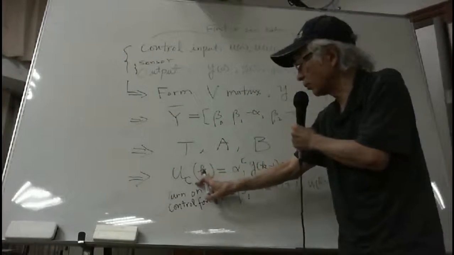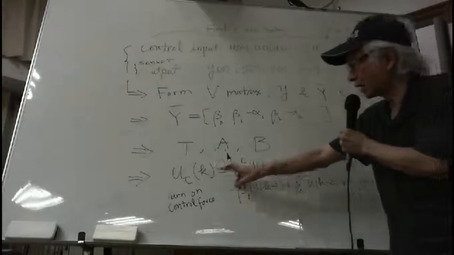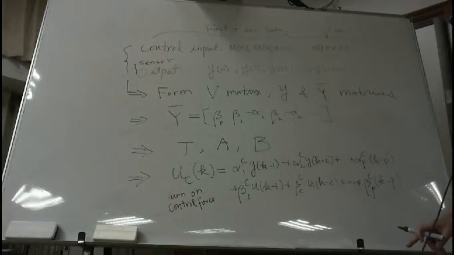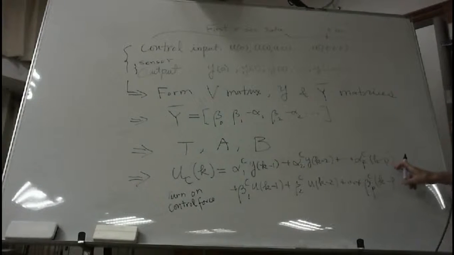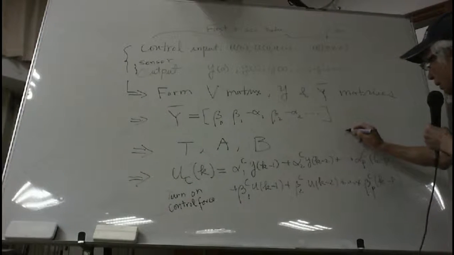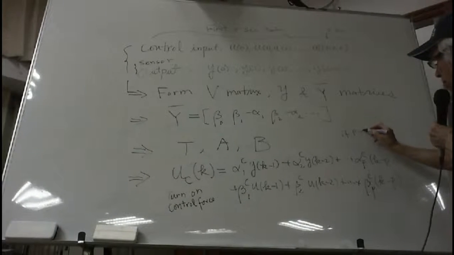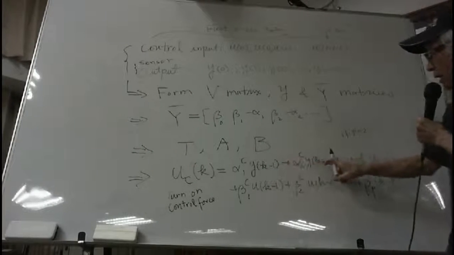So when I turn on this control force at K, then I need K minus 1, K minus 2, up to K minus P. If P equal to 2, then you need only K minus 1 and K minus 2.